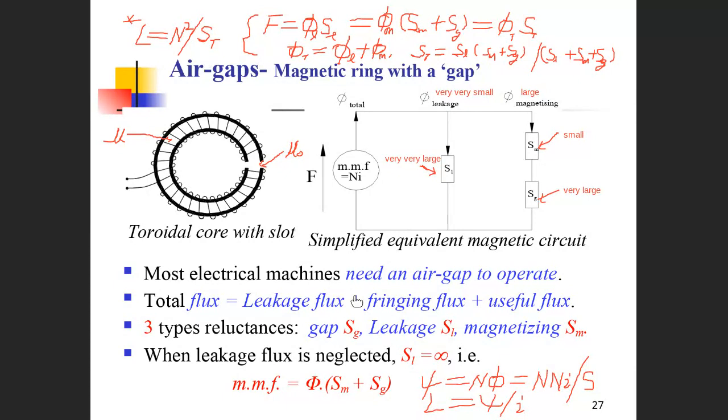So here is the analysis about the air gaps in the ring core and their relationships. We draw this circuit. You should be able to draw the magnetic circuit for any kind of magnetic rings like this, or other types, based on the relationship between the flux in each branch, in each part of the circuit, and the total flux.